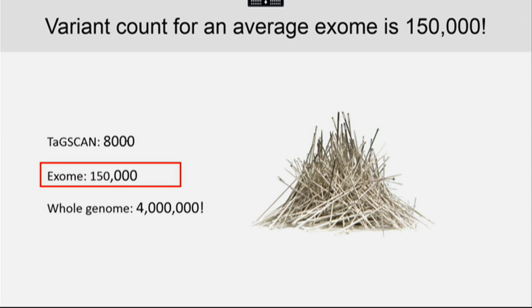It's less common that we have a real recessive case where each parent is a carrier and the kid has a recessive condition. That does happen, but most of the cases in our database are de novos.